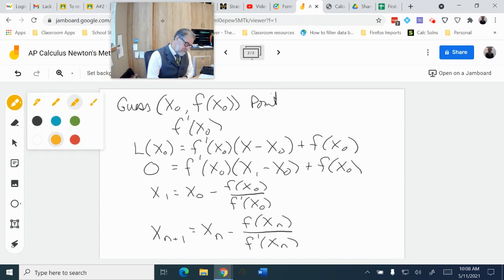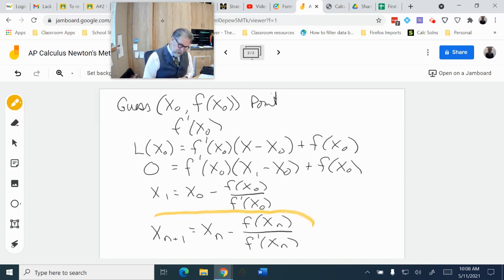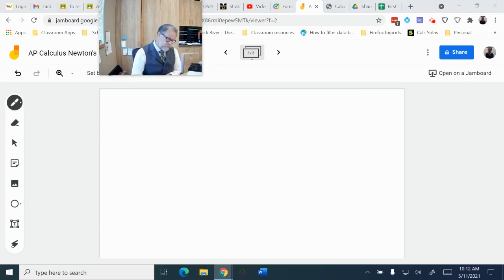So there is Newton's method in a nutshell. I'm going to make a guess, and then I'm just going to do this over and over and over again until my numbers stop significantly changing. So let's do an example, and then we'll talk about when it failed.